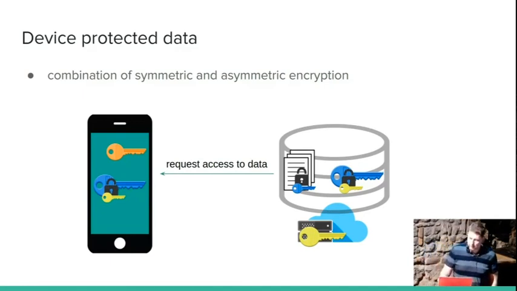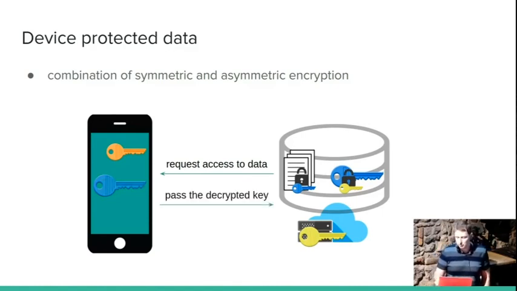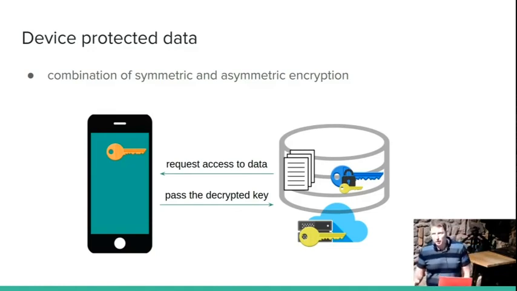The device uses their private key to decrypt this symmetric key, and it passes it back to our server. And our server has a temporary way of how to decipher the data. So they can decrypt it, they can send it somewhere, use it, whatever, and then they can again throw away the symmetric key, and the data in the database are still safe.